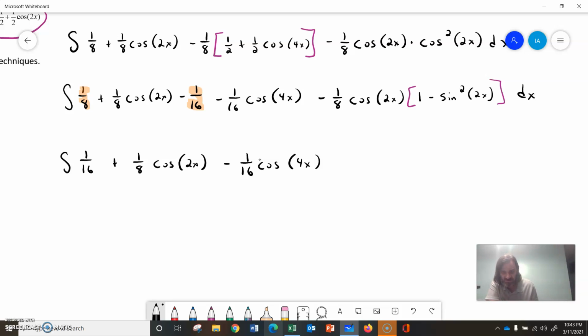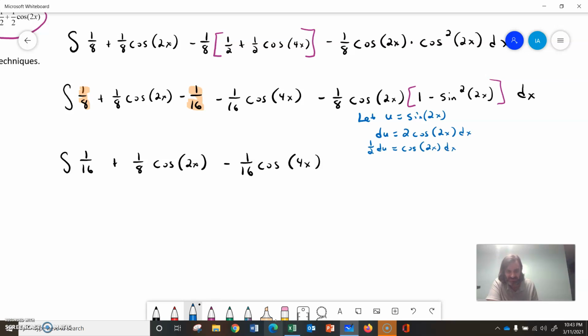And let's do a u substitution here. For the last part, we're going to let u equal sine of 2x, so du equals 2 cosine 2x dx. So 1/2 du equals cosine of 2x dx.